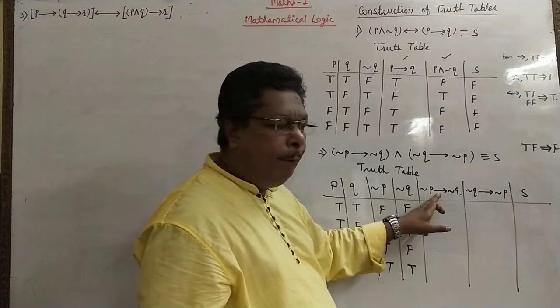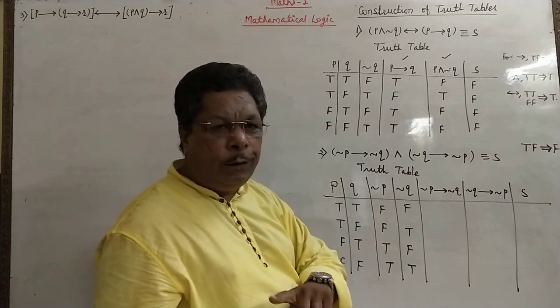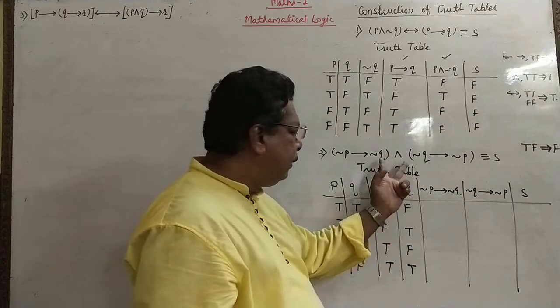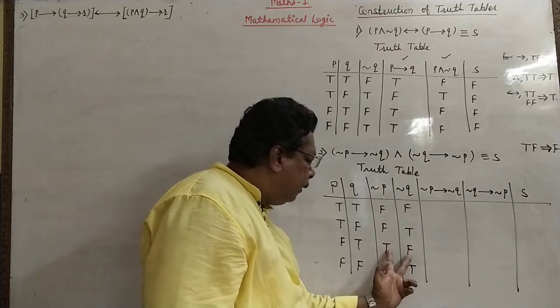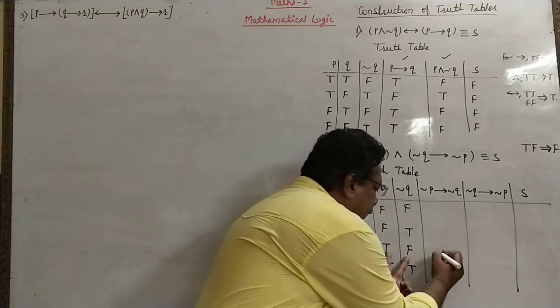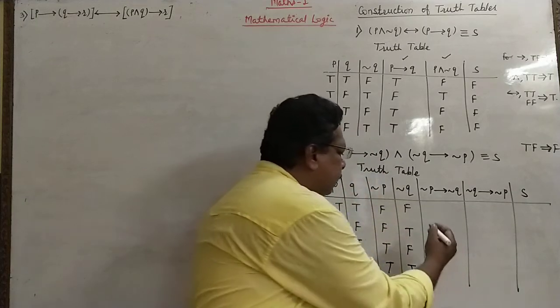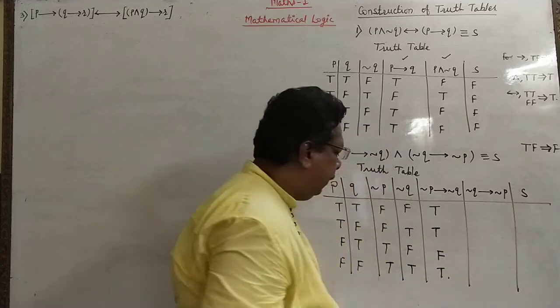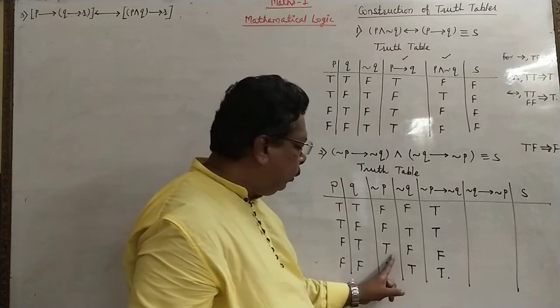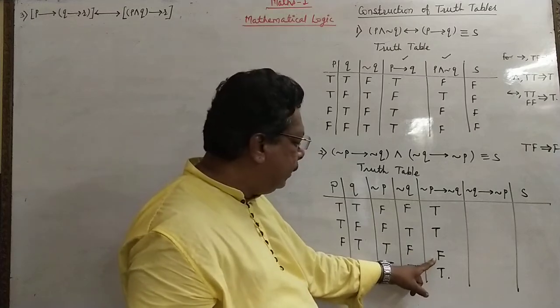Requirement for this connective is first true, second false, then it is false, and in all the remaining cases it is true. Now check where the condition is satisfied. Condition is satisfied in the third case, TF, therefore it is F, otherwise remaining are true.